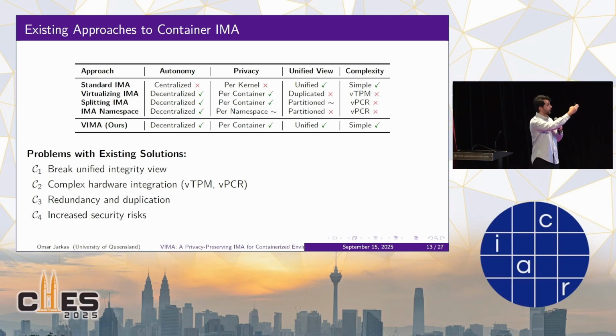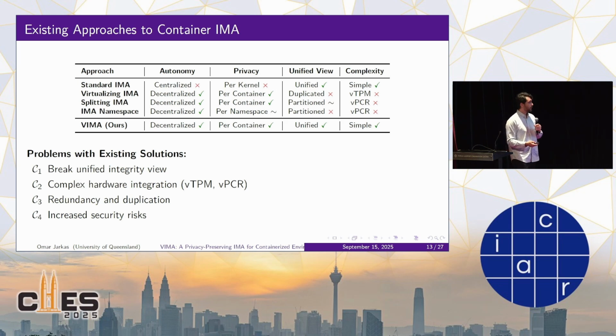And when you want to work with the IMA namespace, the solution is to piggyback off of user namespace, and piggybacking off of that introduces a lot of vulnerability in terms of privilege escalation, because any vulnerability that you introduce in this namespace allows you to basically have privilege escalation in Linux.